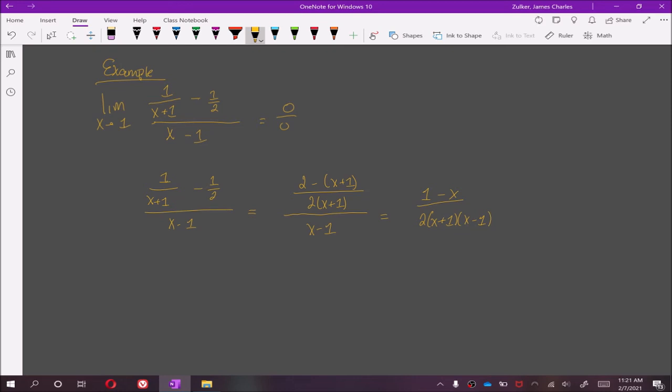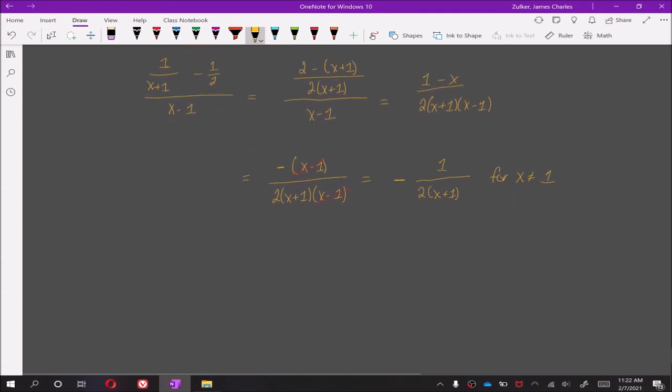Now here, it looks like there's nothing else we can do. However, there is. We can factor a negative out of the numerator. And now notice, x minus 1's will cancel out, and we'll be left with negative 1 over 2 times x plus 1, as long as x is not 1.